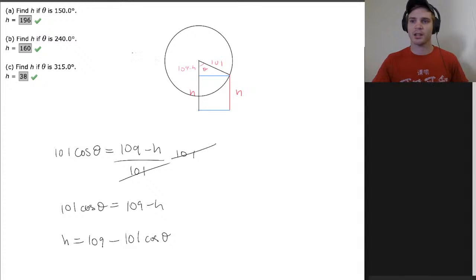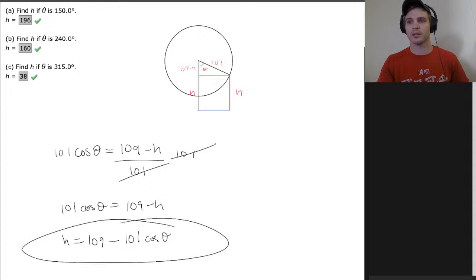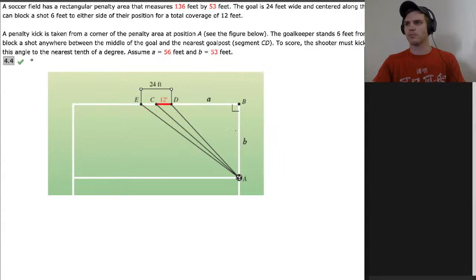This will determine the height for all of these angles theta, and I got the same answers for all three of these, so that one was fine. Okay, let's try another one. I'm going to delete these as I go.